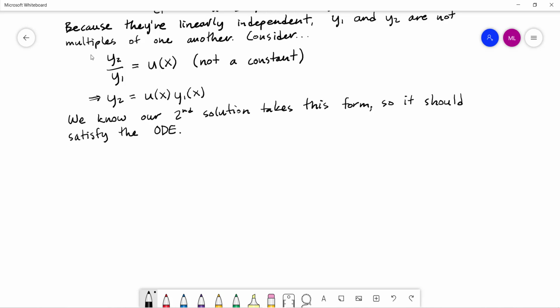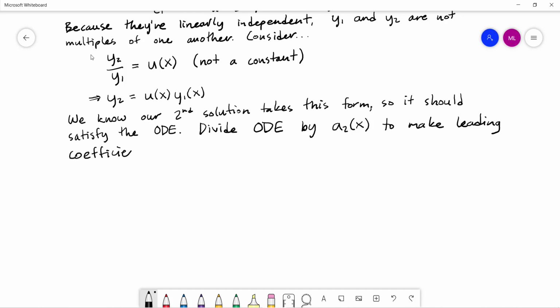So I'm going to divide the ODE by a2 of x to make the leading coefficient 1. And it'll just make our algebra a lot easier to follow.